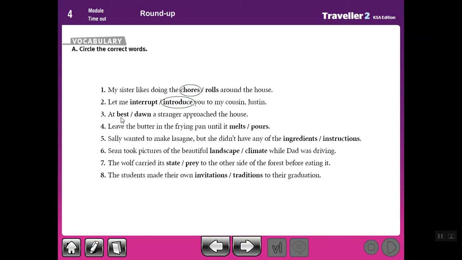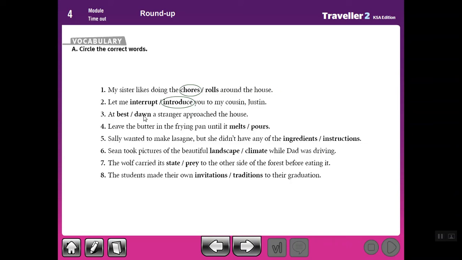Number 3. At best or at dawn, a stranger approached. Approached here means became closer, came nearer, اقترب, the house. Stranger, someone who isn't from our area, isn't from the place or the neighborhood in which you live. غريب في المكان. At dawn here is the very early part of the day.